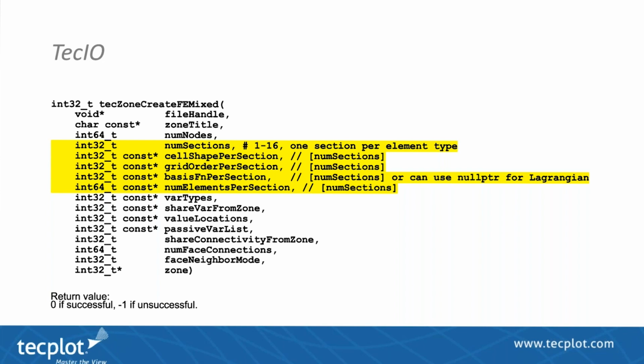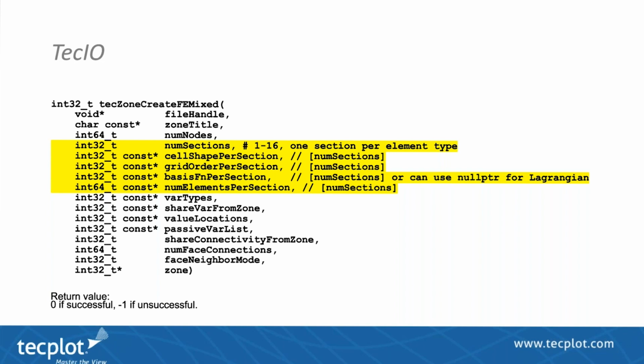The third is the basis function, and if you want to use Lagrangian elements in every section, you can just use null pointer there, and it'll default to Lagrangian. And at present, that's your only option.